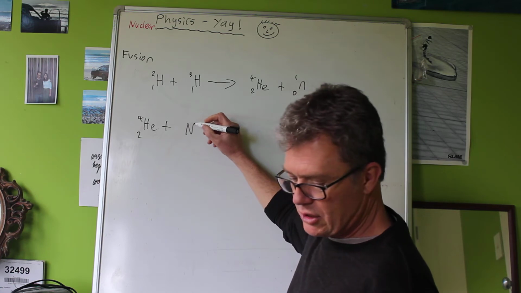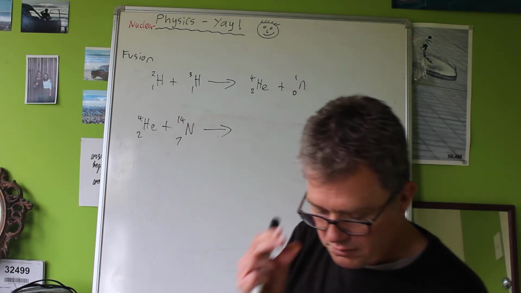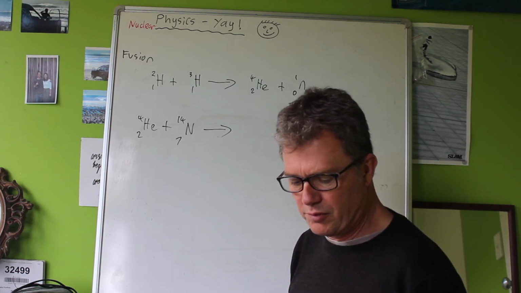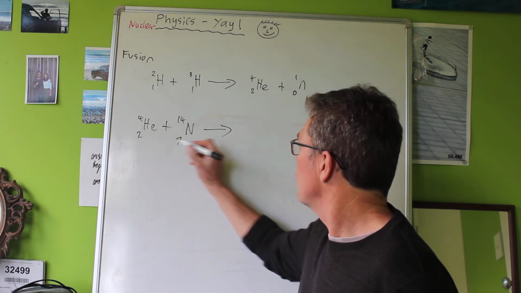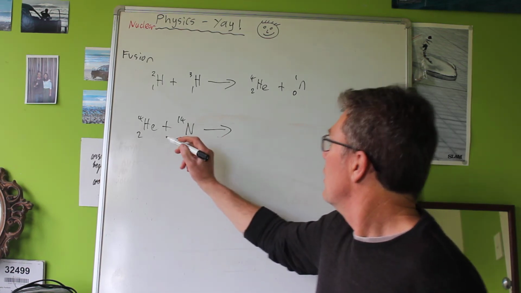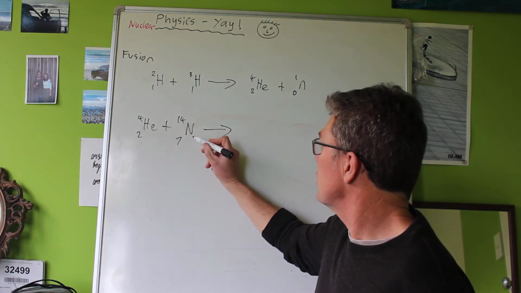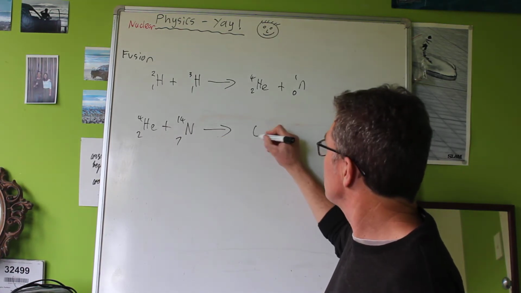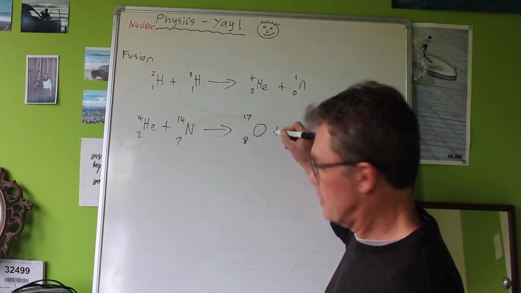It bombards nitrogen 14, 7. Now, this happens to produce two new products. So we've got helium plus nitrogen. It gives us oxygen, which is 17, 8, plus what?